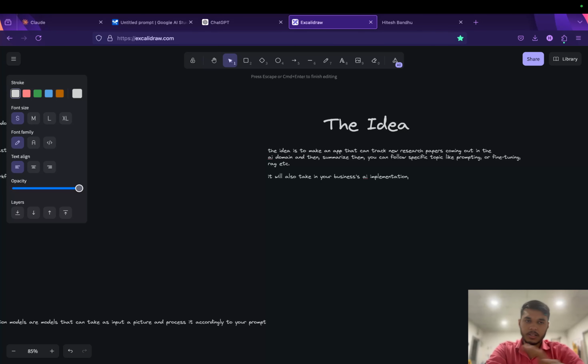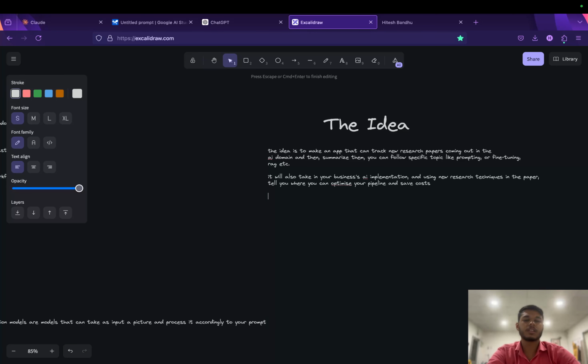It will take in your business's AI implementation and, using new techniques in the paper, tell you where you can optimize your pipeline and save costs.